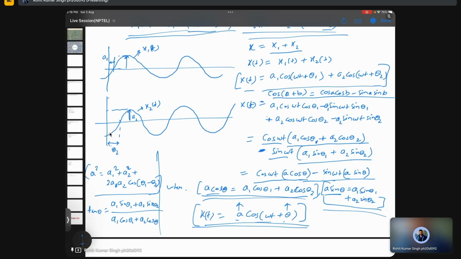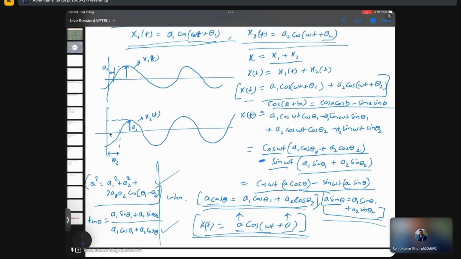So from these two equations you can get the amplitude and phase angle of the superposed wave, okay. So we will see some problems based on this formula. Is everyone fine till here? So just a basic calculation.